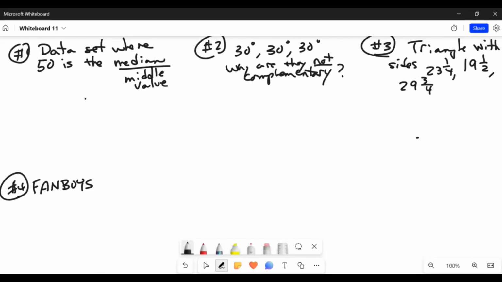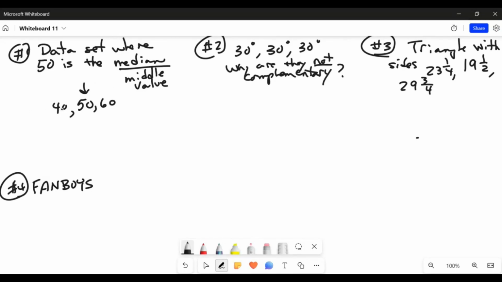If I have 50 as my middle number, then I need numbers on each side. It doesn't matter what numbers they are. I'll do 60 on this side and 40 on that side. I could have stopped right there. 3 data points, 50 is in the middle.